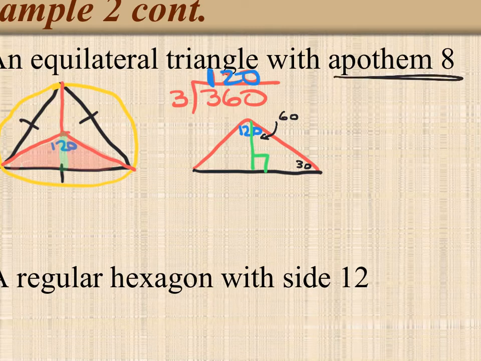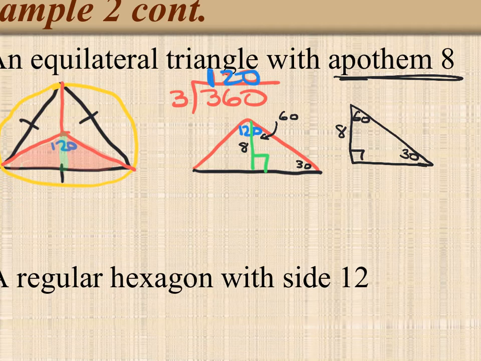Remember, they told me the apothem is 8. So let's just work with one of the sides of the triangle. This is 8, my 60's here, 30, and the right angle. Remember, the side across from 30 is x. Side across from 60 is x square root 3. And this would be 2x.